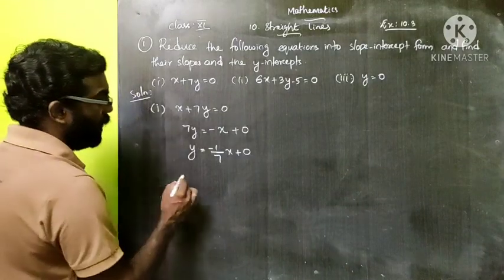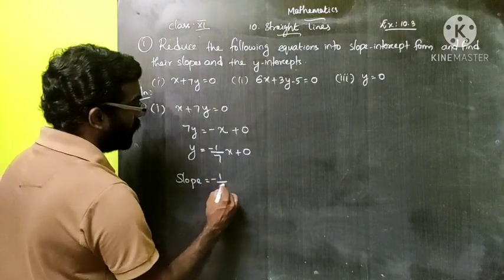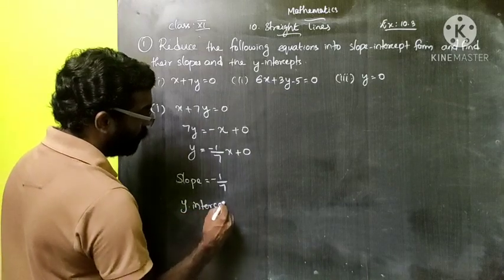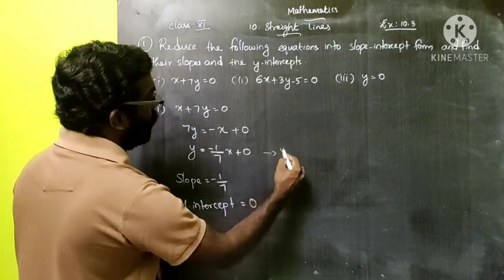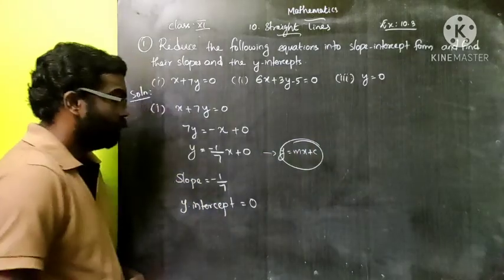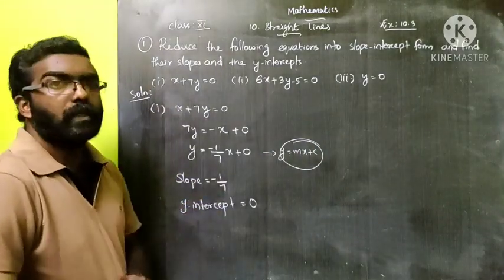And from this we can write slope is equal to minus 1 by 7 and y-intercept is 0. Okay, we can compare this to y is equal to mx plus c. What we get is slope is equal to minus 1 by 7 and y-intercept is 0.